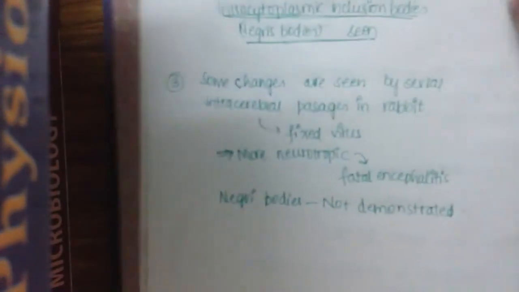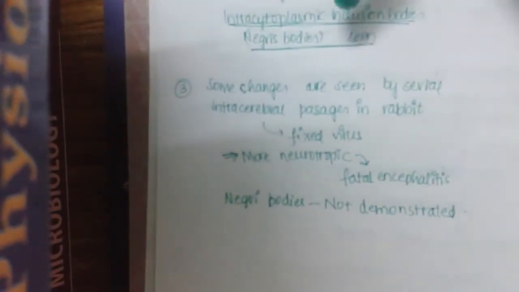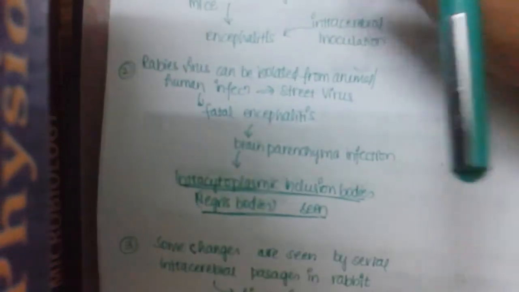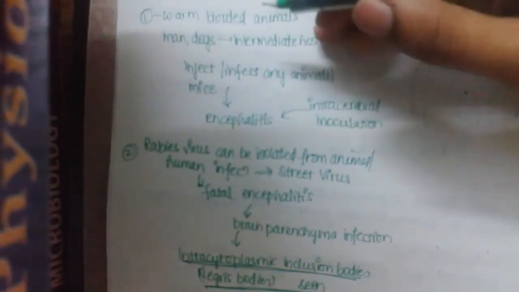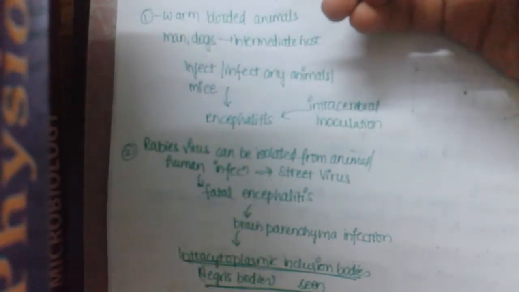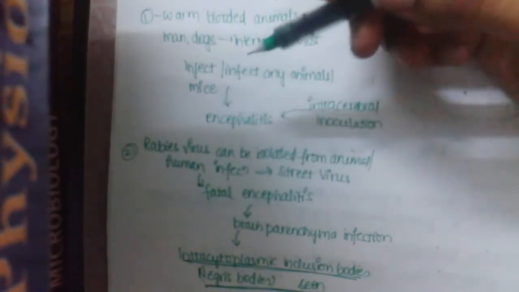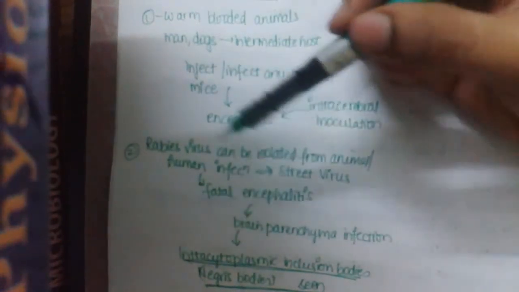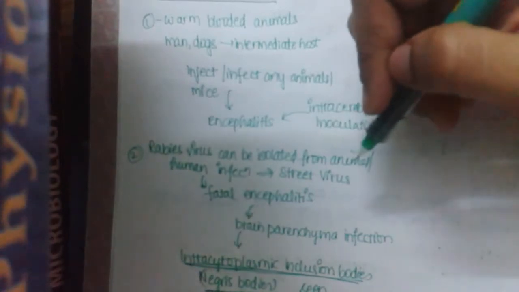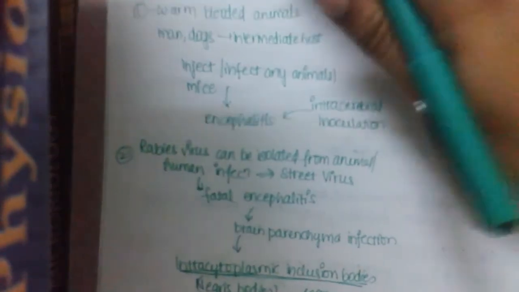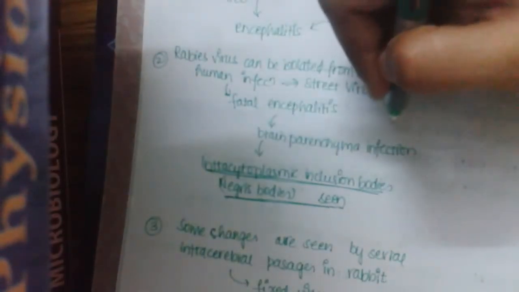I think you got it. Animal susceptibility is mainly of three types. One is in warm-blooded animals like man and dogs, which are intermediate hosts, but mostly we inject or infect the rabies in animals, which causes encephalitis. And this rabies virus isolated from animal or human infections is called street virus. It causes fatal encephalitis, which is brain parenchyma infection.